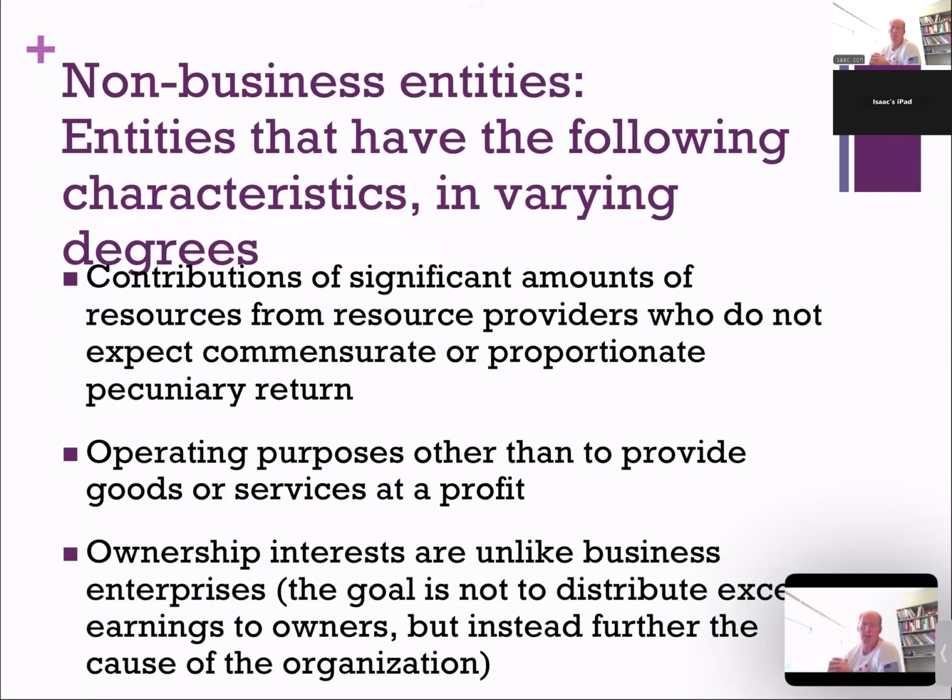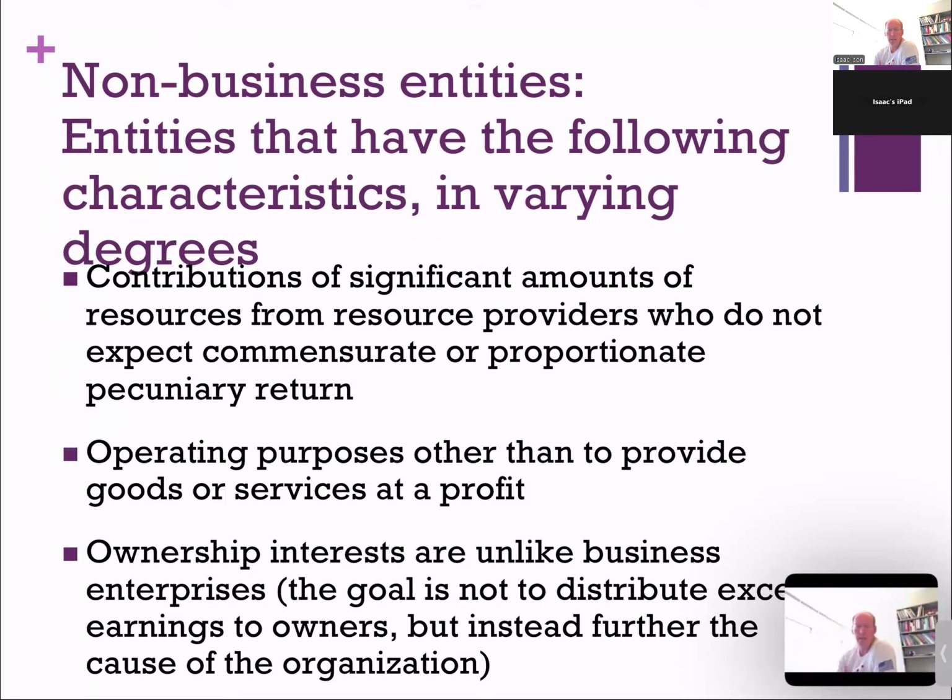For a for-profit entity, if you buy this computer, you give them money and you expect something of equal value in return, the computer. Whereas non-business entities don't have that, or there's a potential that they don't.